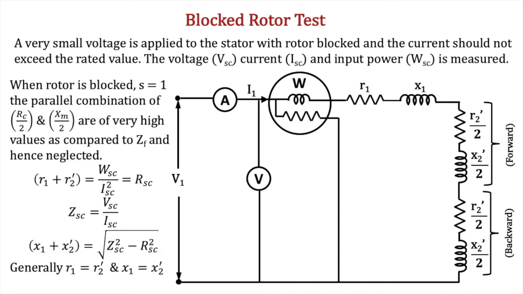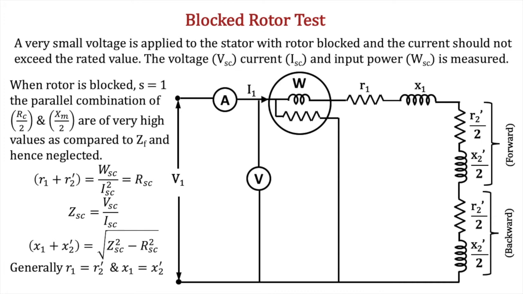So the parallel combination at S equal to 1, Rc by 2 plus Xm by 2, is of very high value. Therefore it is neglected, and you can calculate the circuit parameters in combination, that is R1 plus R2 dash as equal to the short circuit resistance RSC.